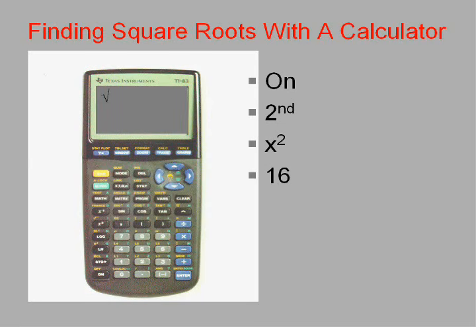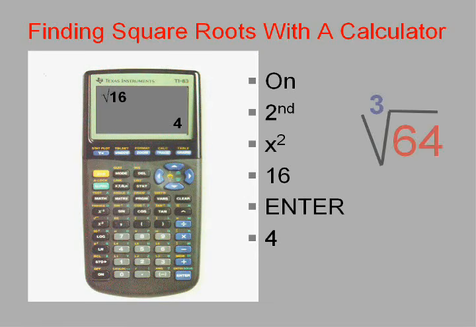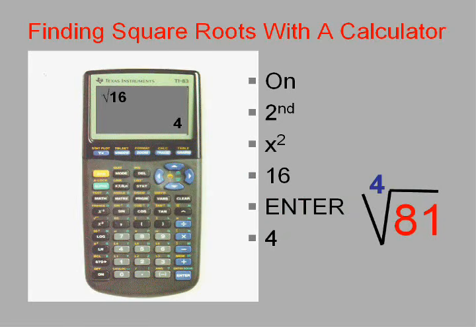For instance, if I type 16, I of course would have to hit enter to tell it I'm done typing the number, and it would give me the square root of 16, which is 4. But that doesn't help me in taking the cube root of a number, perhaps, or the 4th root or the 5th root. I want to show you how to do that, and rational exponents are certainly related.